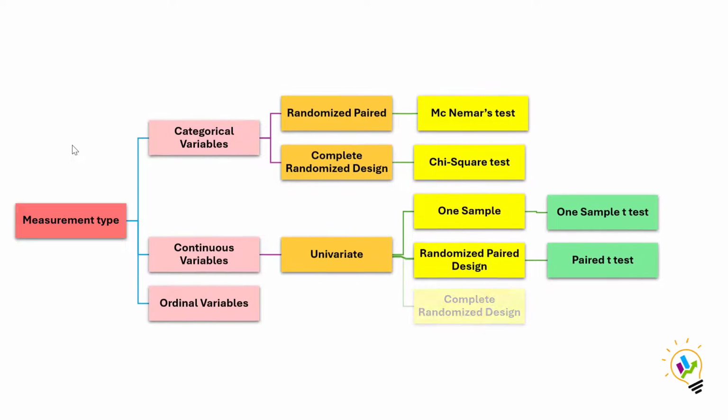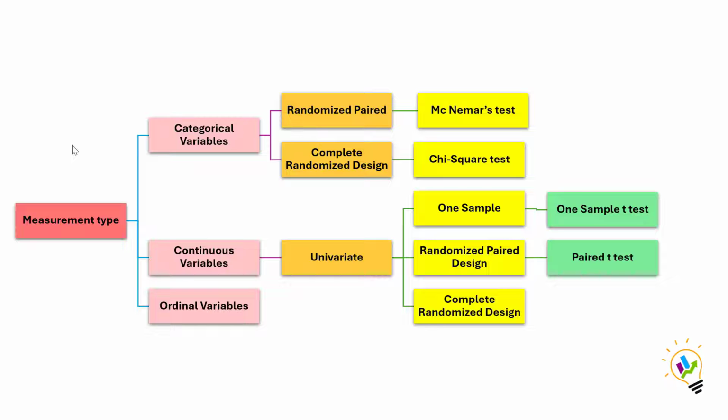If it is completely randomized, where you want to understand whether there is any difference between male and female towards exam marks, then you must use the independent sample t-test. So these three are for continuous variables and are part of parametric tests.